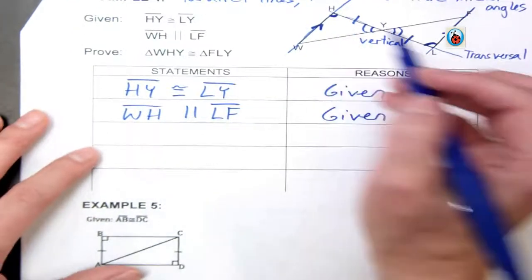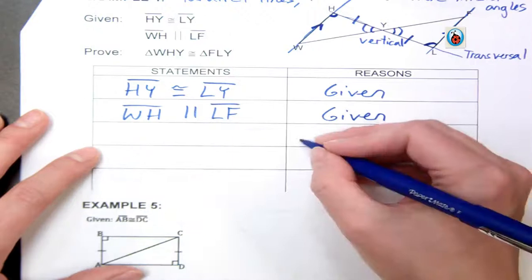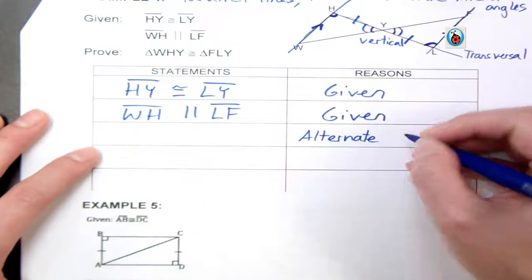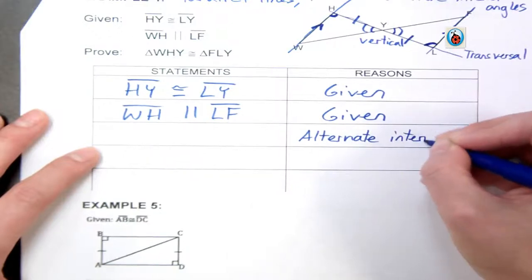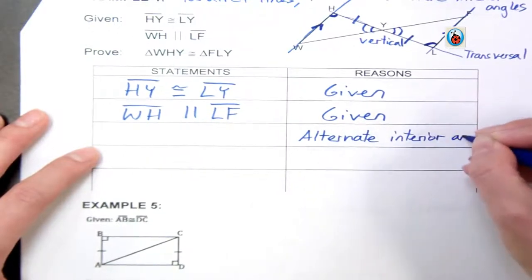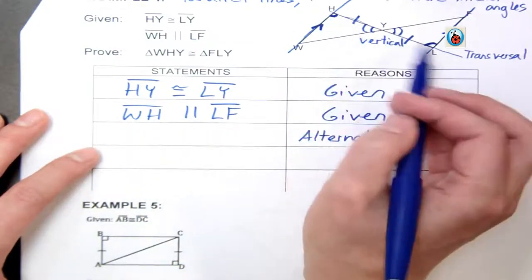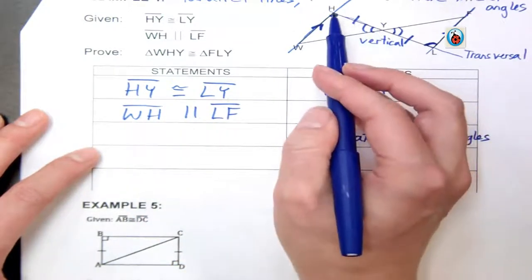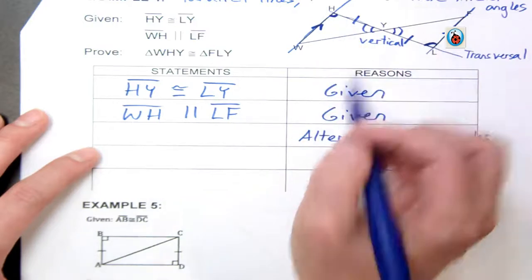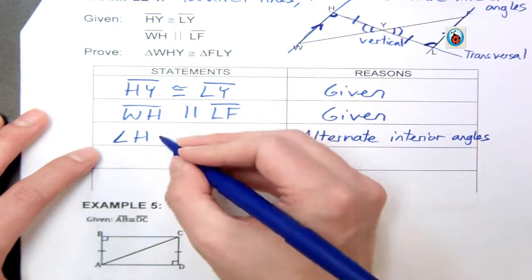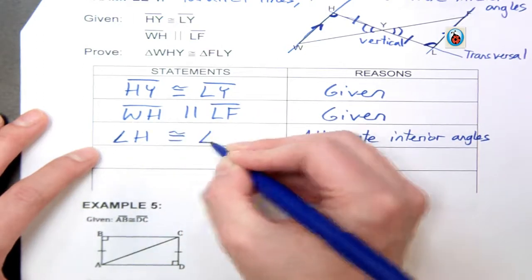Now I list out my, because of the parallel lines, I have my alternate interior angles. And there I can use just one letter here because H is only this angle. There's no other angle it could be. So that tells me angle H is congruent to angle L.